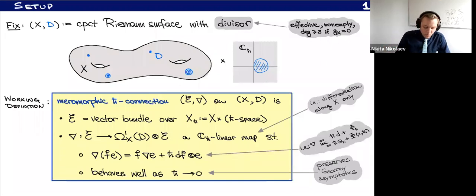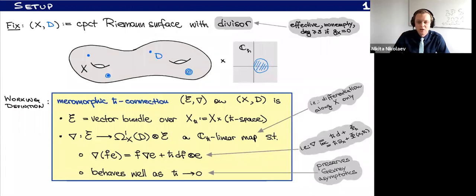When you consider such more general behavior of connections with respect to h-bar, it makes sense to be more precise about what you mean by behaves well as h-bar goes to 0. In the ordinary situation where this thing is well defined over the entire complex plane, that just means I can restrict my connection with a vector bundle to the central fiber at h-bar equal to 0, and everything's fine.